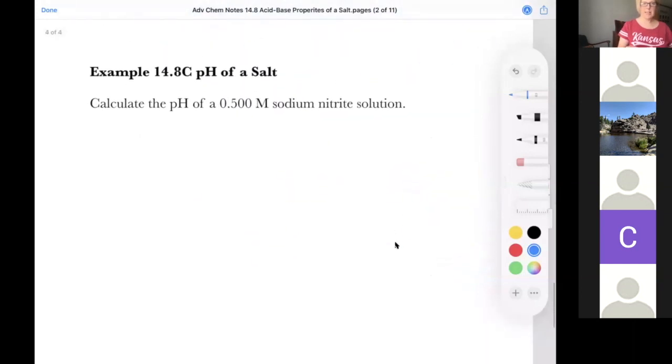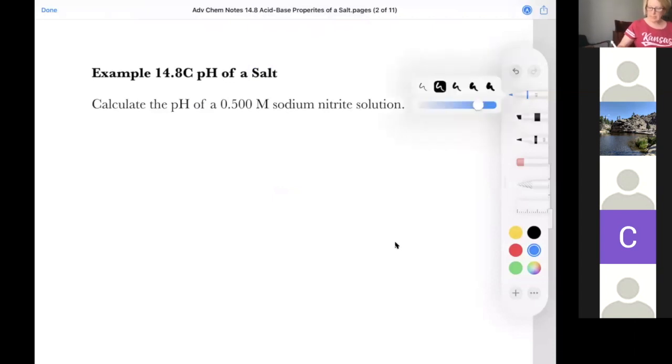So the last kind of problem that we need to work through is how to calculate the pH of a salt. This one is sodium nitrite. The Ka value is equal to 4 times 10 to the negative 4th.